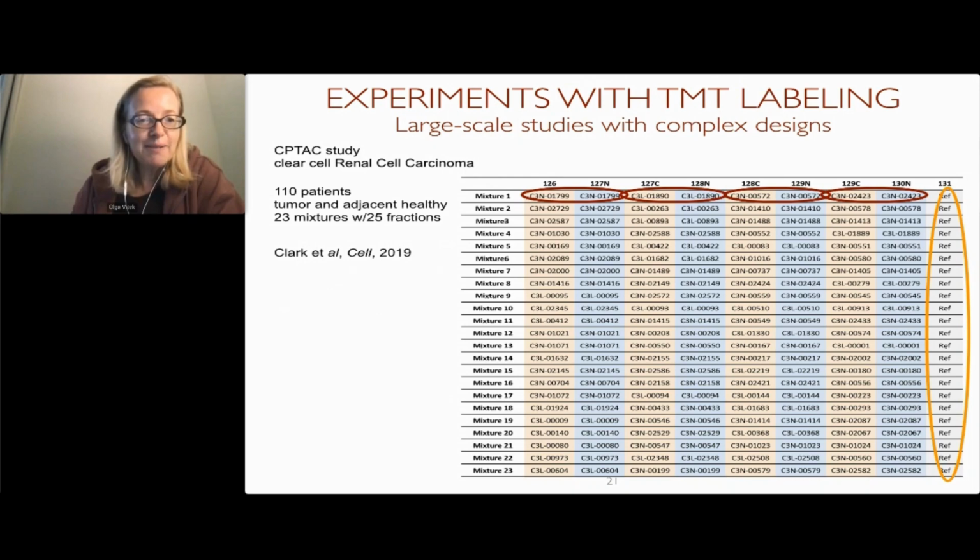Here is one example from a CPTAC study, fairly recent, where scientists had 23 mixtures, and it was a paired design because each patient had both tumor and adjacent healthy biopsy. And so they allocated each patient within the same plex. Within plex, we can have 4 patients, and then they had many more replicates across mixtures. And importantly, there was a reference channel.